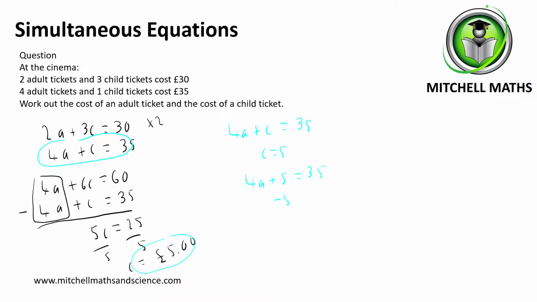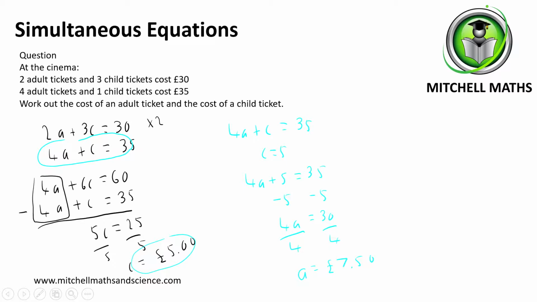I'm going to take away 5 from both sides, which will give me 4a equals 30, and then I need to divide both sides by 4, which will give me a equals £7.50. Therefore, for that question, the price of an adult ticket is £7.50. The price of a child ticket is £5.